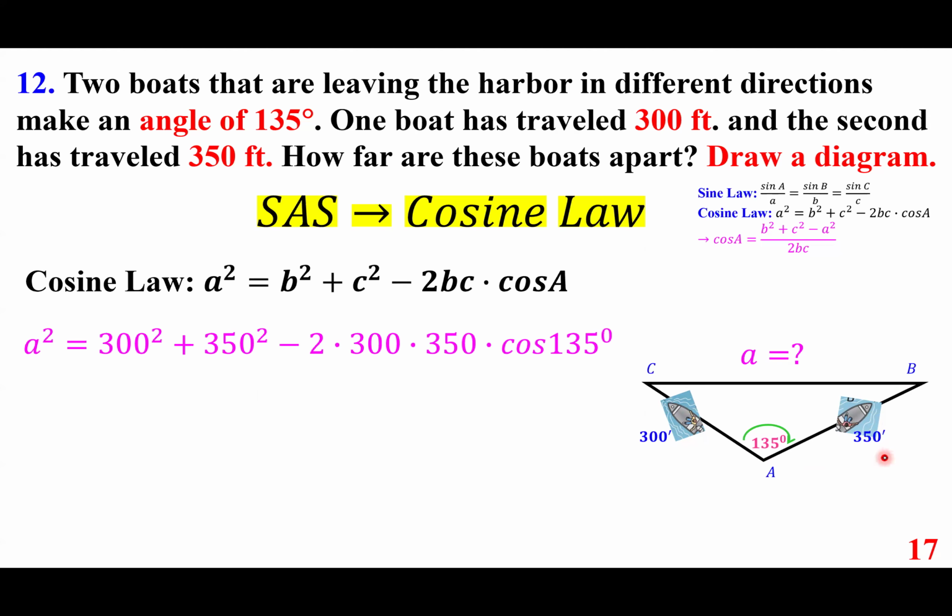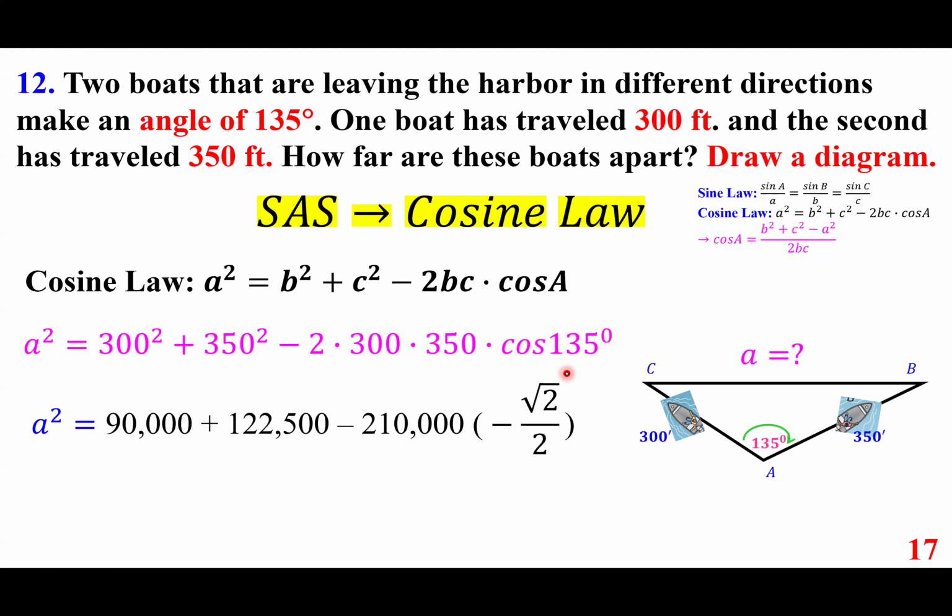Of course, cosine of 135 is the same as cosine of 45, but it's negative in the second quadrant. So cosine of 45 is square root of 2 over 2. This is negative square root of 2 over 2. You put that into a calculator, you find A squared, you take a root, and A, the distance between the two boats, is 600.83 feet, almost 601 feet.